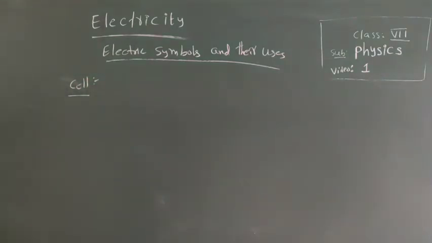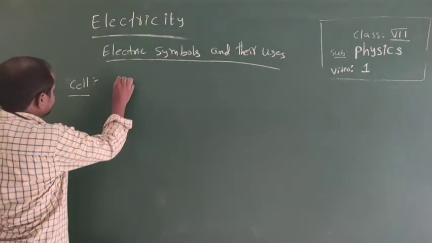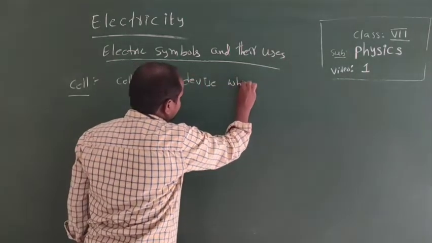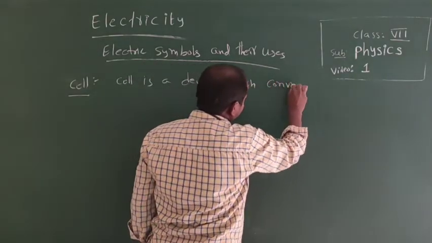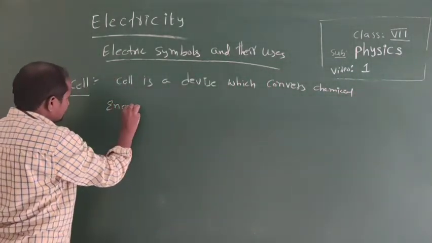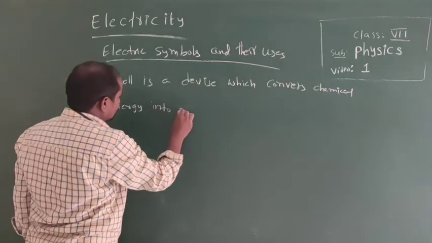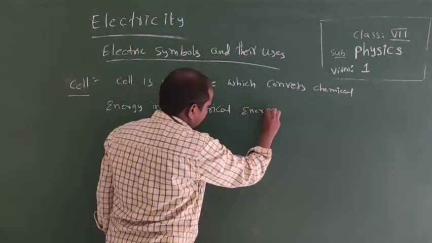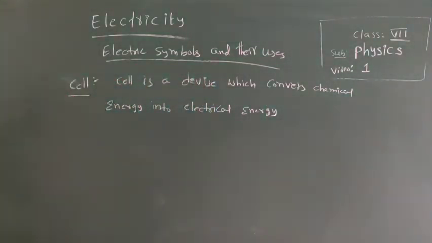Cell is a device which converts chemical energy into electrical energy.